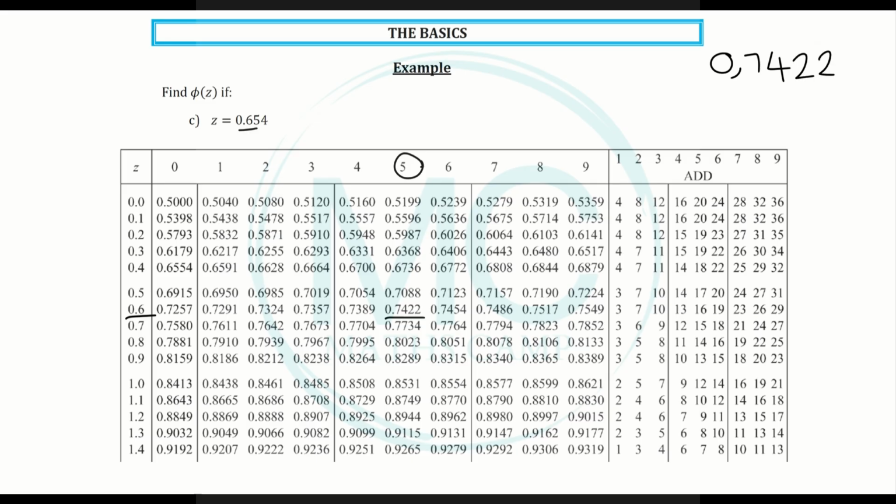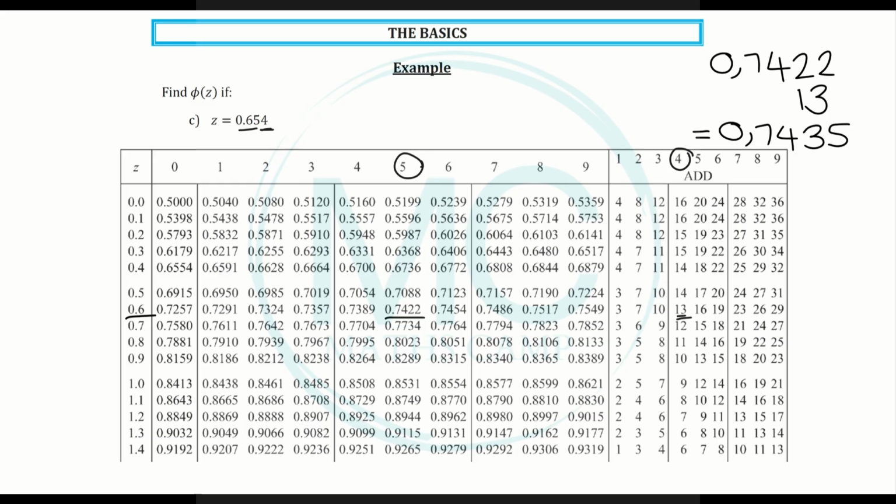0,7422. The last digit in Z is 4. So we go to the far right column. Let's find 4. Go down to our row. And we see we need to add 13. So over here, we add 1, 3. And this becomes 0,7435.